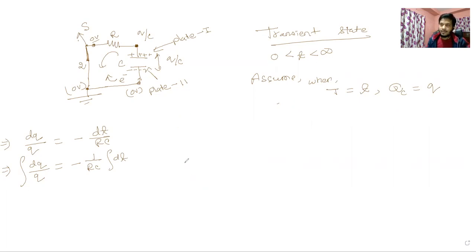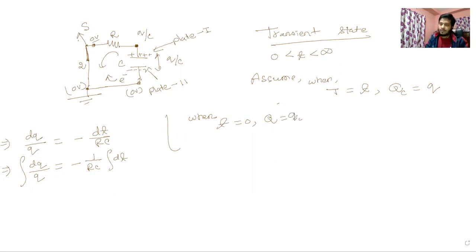Now let us take the limit. When t was 0, what was the value of q? What was the charge on the capacitor? Q naught, the maximum amount of charge.